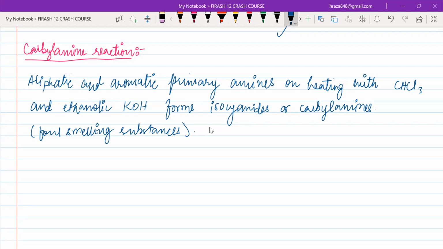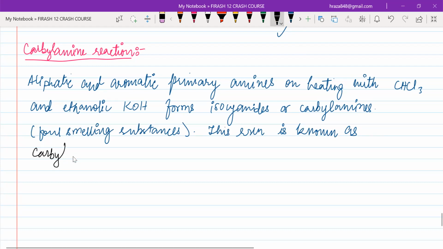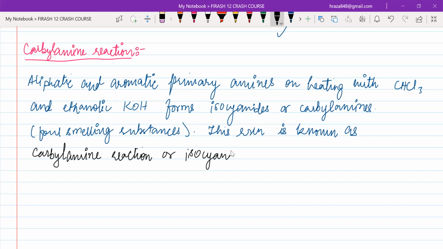And the reaction is known as the carbylamine reaction, or we can say the isocyanide test. It is also very important.